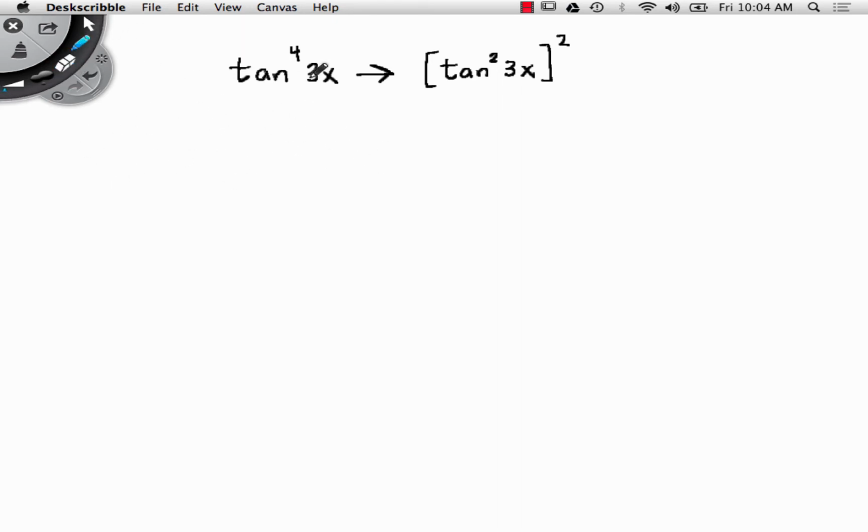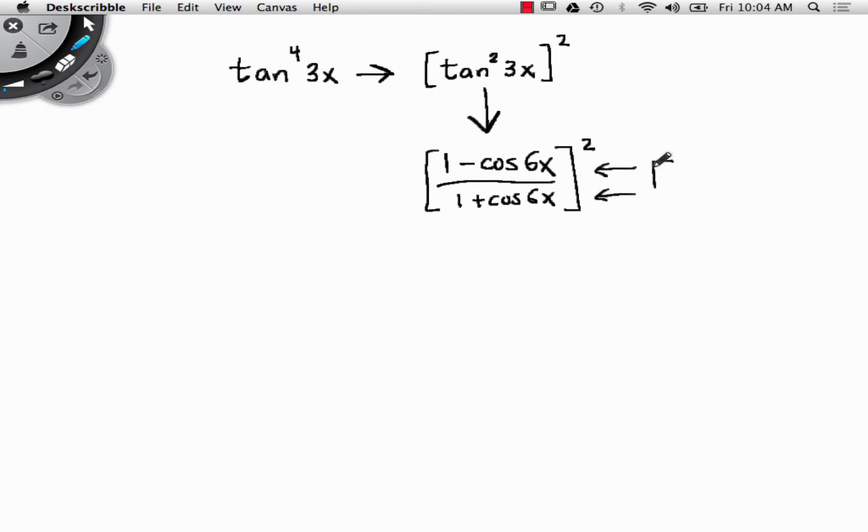According to my power reducing formula, this becomes 1 minus the cosine of what? 6x. 6x over 1 plus the cosine of 6x, squared. So now what I do is I FOIL out both the numerator and the denominator.